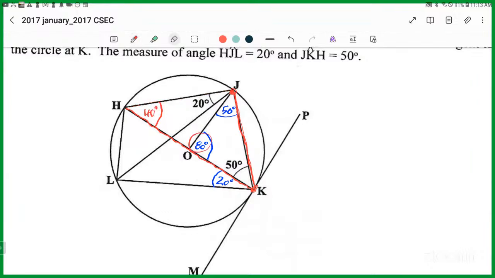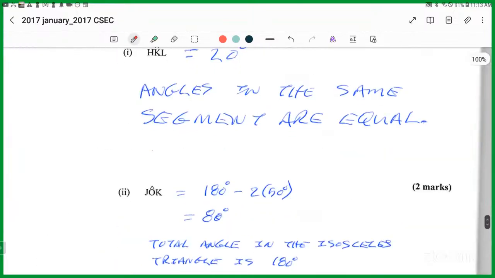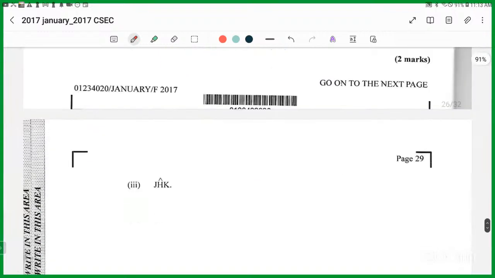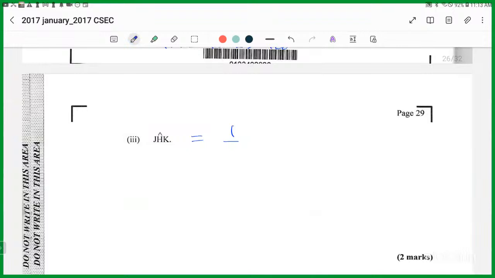All right, so basically that is that. I'm going to tell them angle at center is twice angle at circumference. That's why that one is 40. It's half of the center angle. So this angle up here that I want is equal to half of the 80 degrees, which is the one at the center, that's 40 degrees.